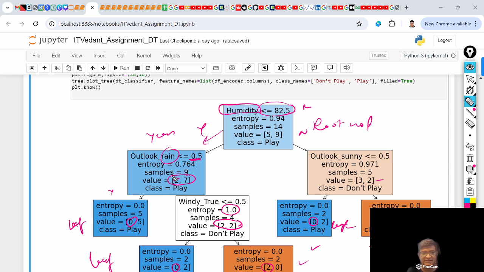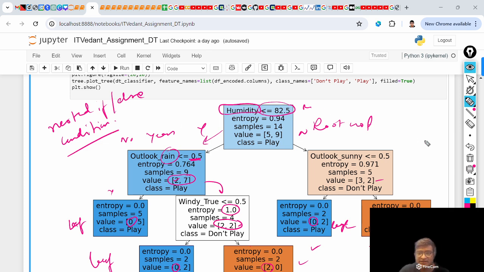So less than 0.5 means no. If it is no, then it will go this path. If it is yes, then it will go this path, and then again it will split accordingly. So this is how easily, that's why it is called a nested if else condition. Okay, so I hope it is clear.